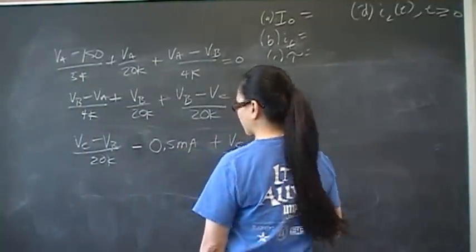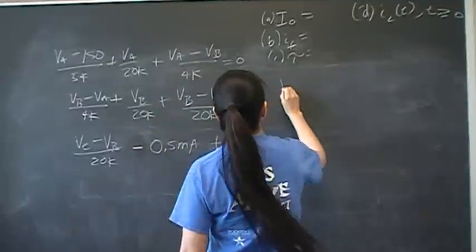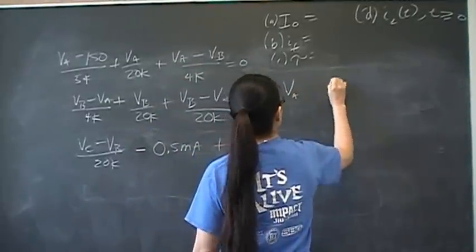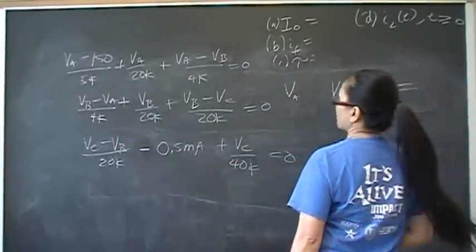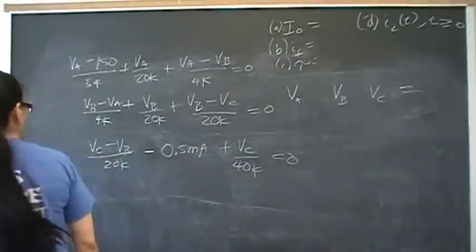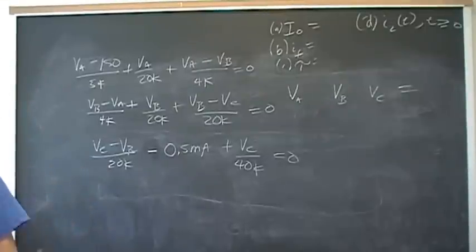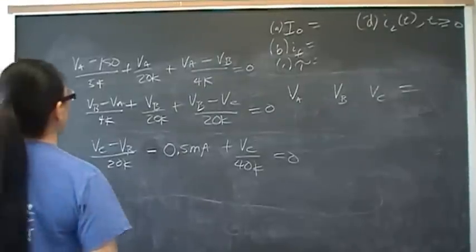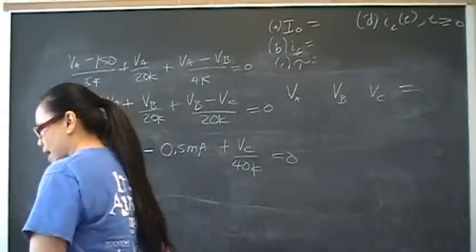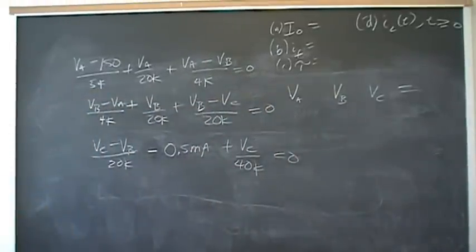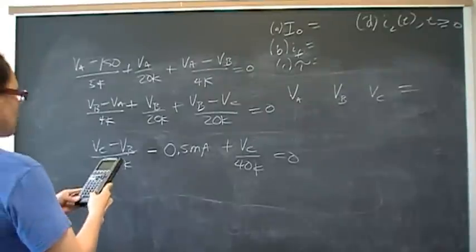And like always, we're going to put this in matrix form. Since I'm short on board space, I'm going to add up the coefficients and write down one number.